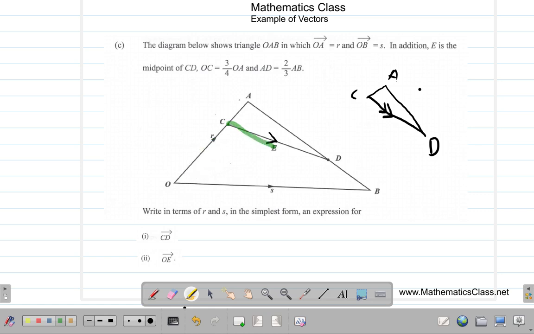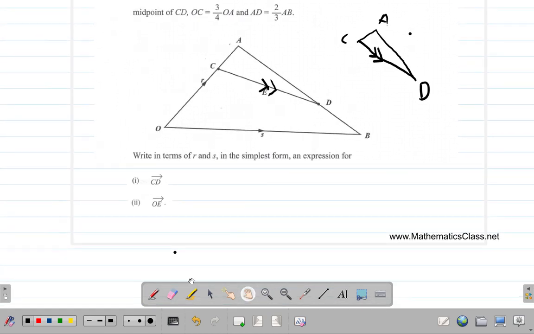Going from C to D, you end up the same place as if you go from C to A, turn the corner, then go down to D. So therefore, this is the resultant.